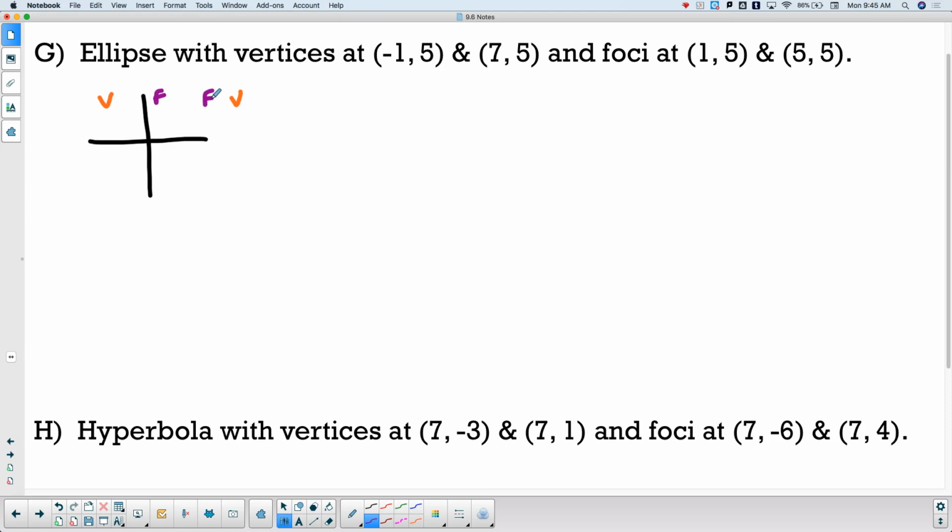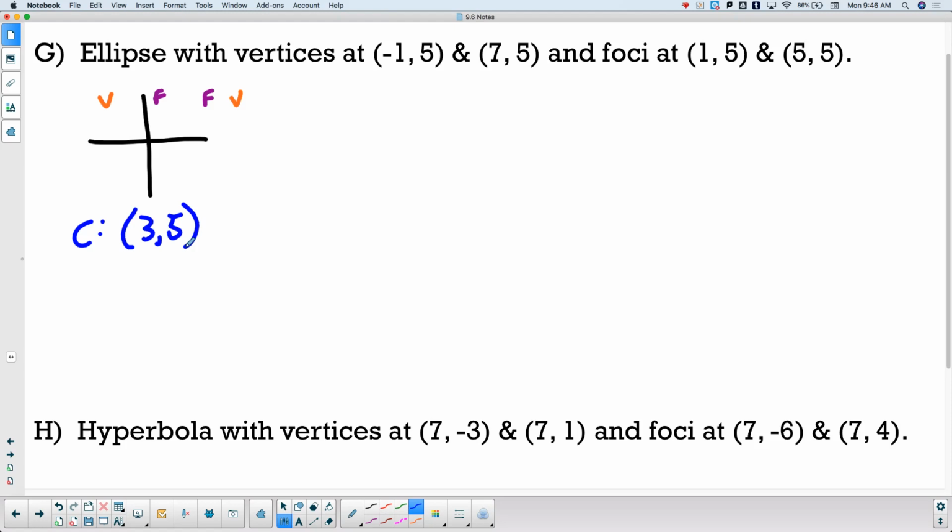Based off of that, where is the center of this ellipse? (3, 5). Yeah. You could have taken the midpoint of the vertices or the midpoint of the foci.